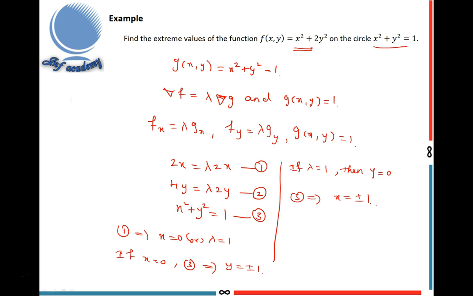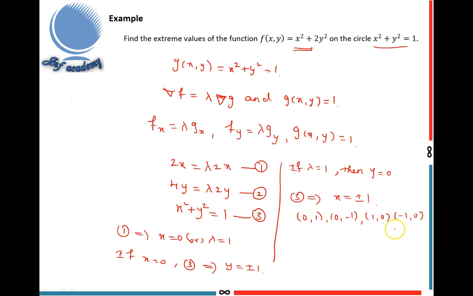Therefore, f has possible extreme values at the points 0, 1; 0, minus 1; 1, 0; and minus 1, 0.